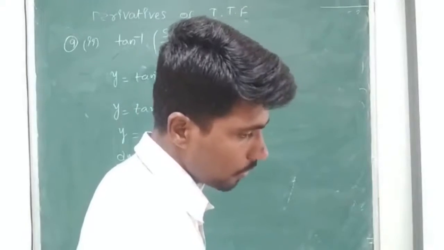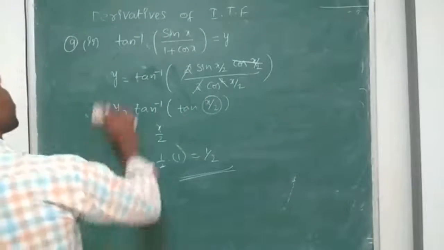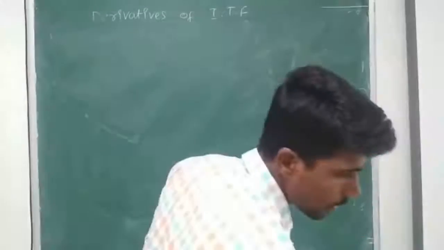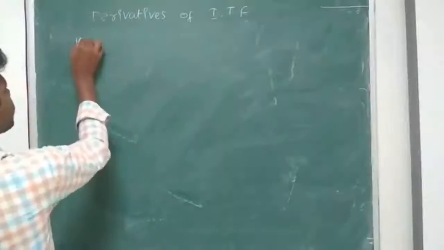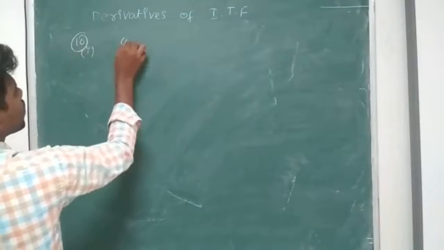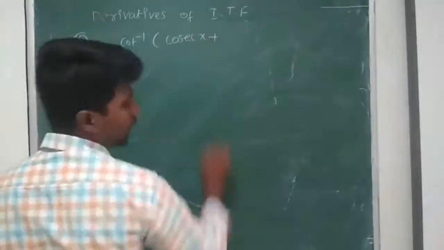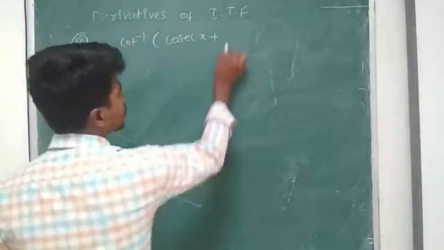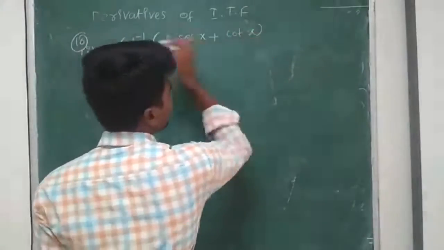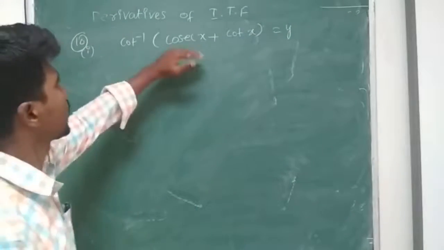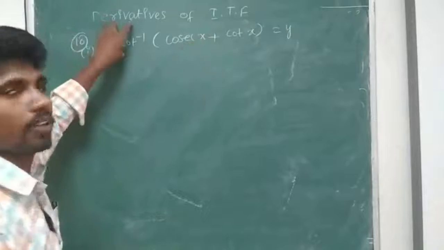One more. Question number 10. Cot inverse of cosecant x plus cot x. Take this function as y. Again same solution. Just try to convert this particular thing in terms of cot.